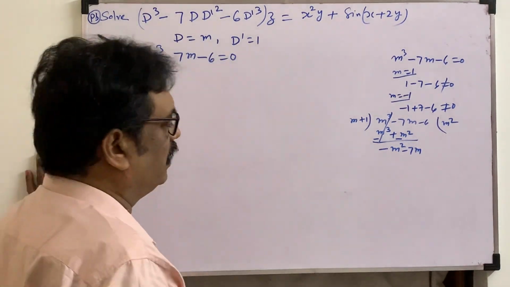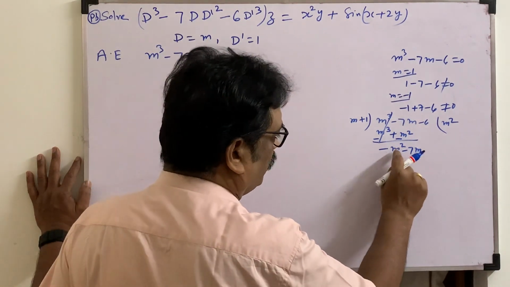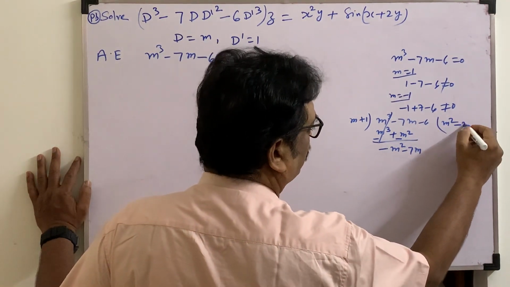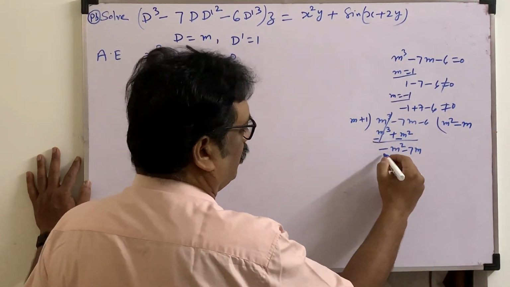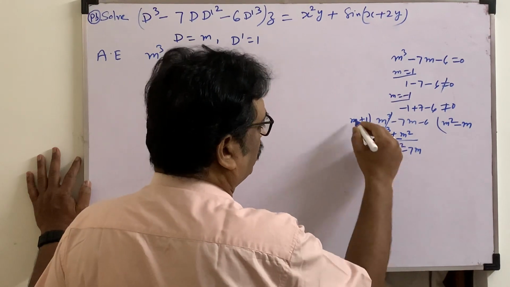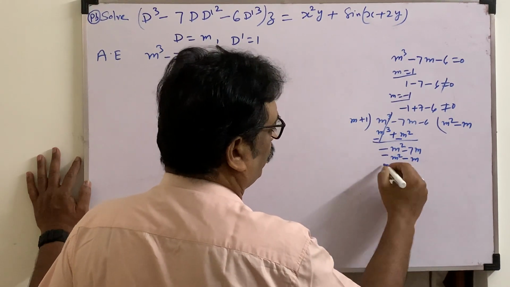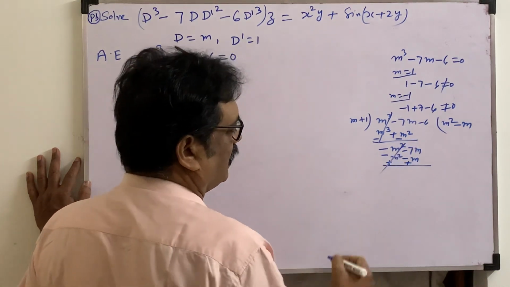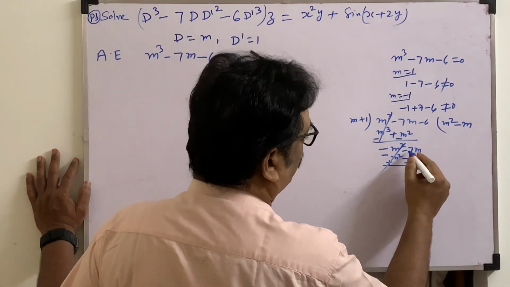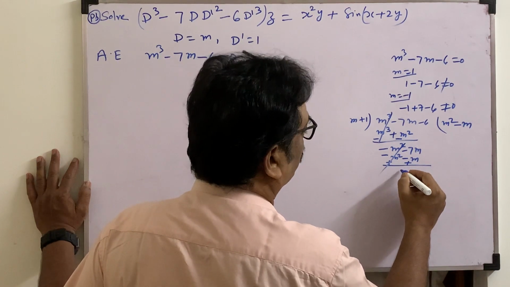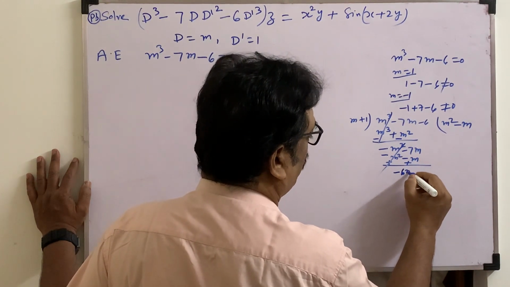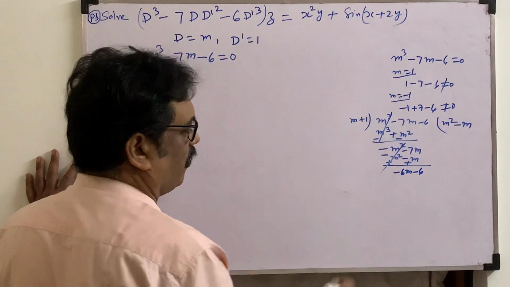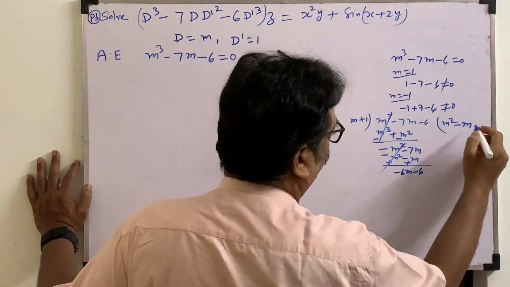Now again, what is our target? Minus m square should come, so if we multiply by minus m, we get minus m square, then minus m. Now minus and plus get cancelled. Now what is coming? Minus 6m minus 6.